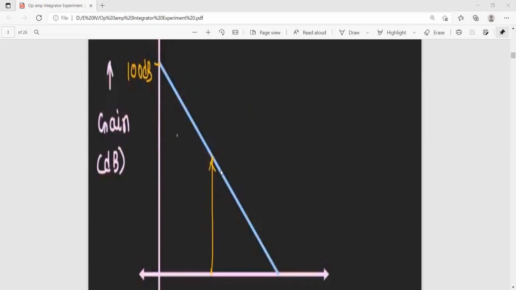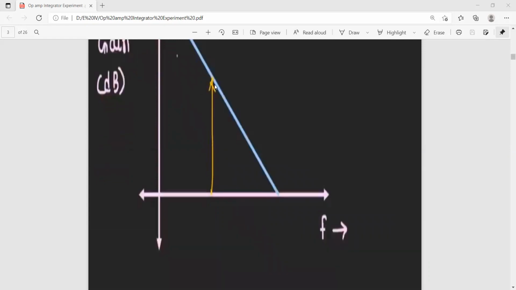But here, operating the integrator at a particular sharp frequency is very difficult. Experimentally, to operate at a particular frequency somewhere here, if you want to operate this, it is very difficult.